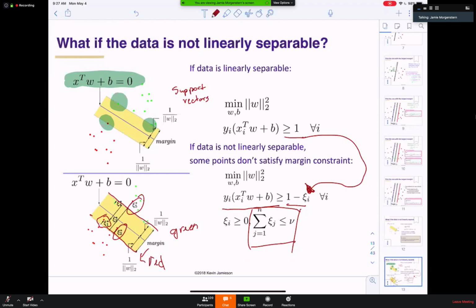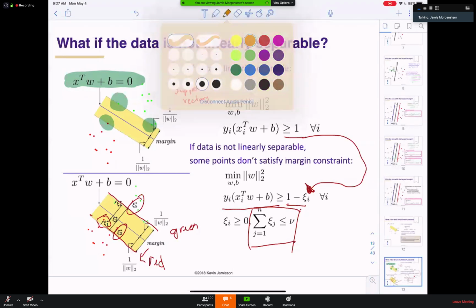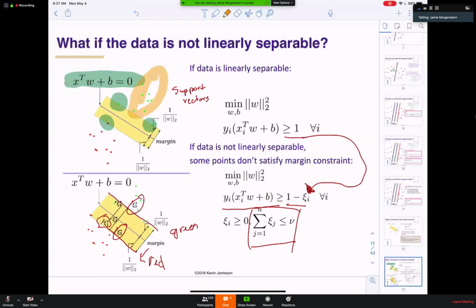On the other hand, if any of the other points were to move, and by move I simply mean if our data set had different points instead of those, we wouldn't choose a different decision rule unless those points suddenly became the closest points to the margin.